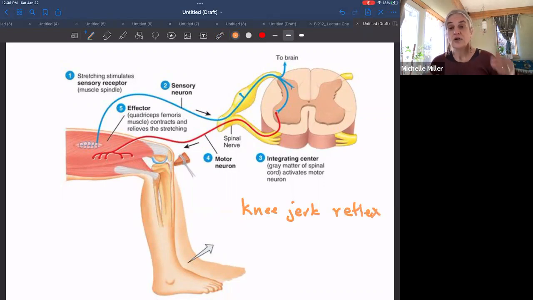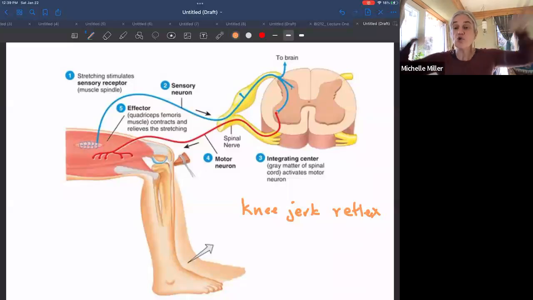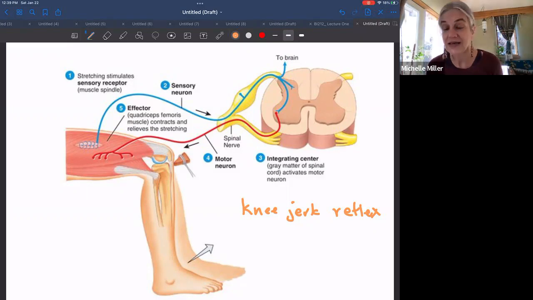If you have no reflexes, or if your reflexes are very extreme, like hyper-reflexive, this can tell them information about your spinal cord. So if you have a herniated disc, for example, sometimes your reflexes can be extreme, right? And that's one way that they can detect if there is a problem.